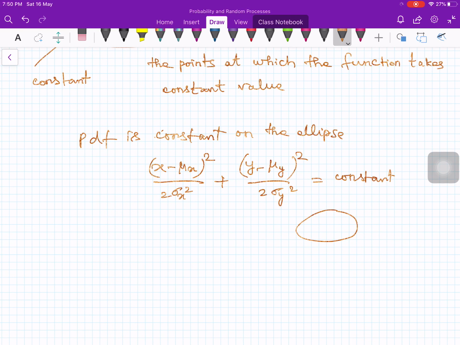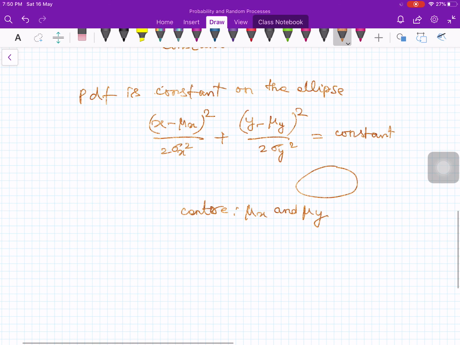It is an ellipse centered at mu x and mu y. So the center point of the ellipse is mu x and mu y, and these are the means. So mu x and mu y are means of the random variables x and y.